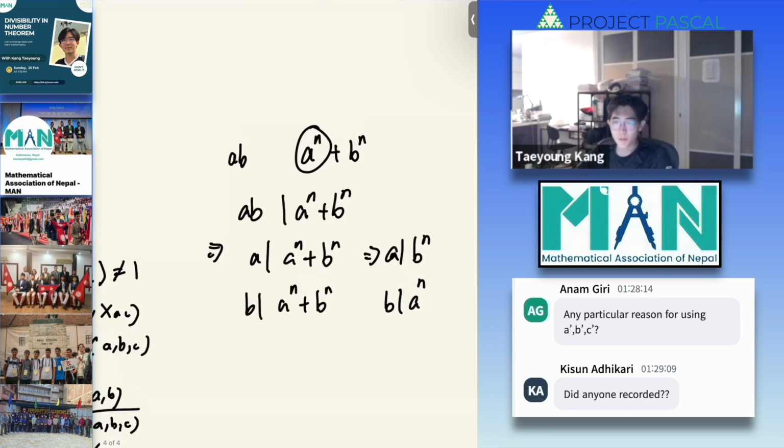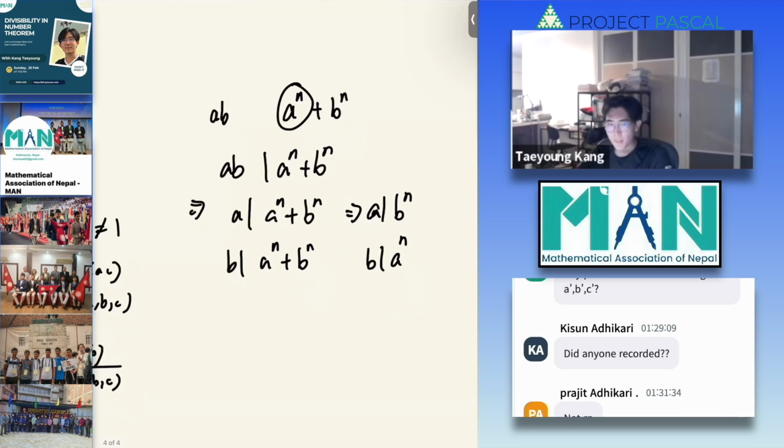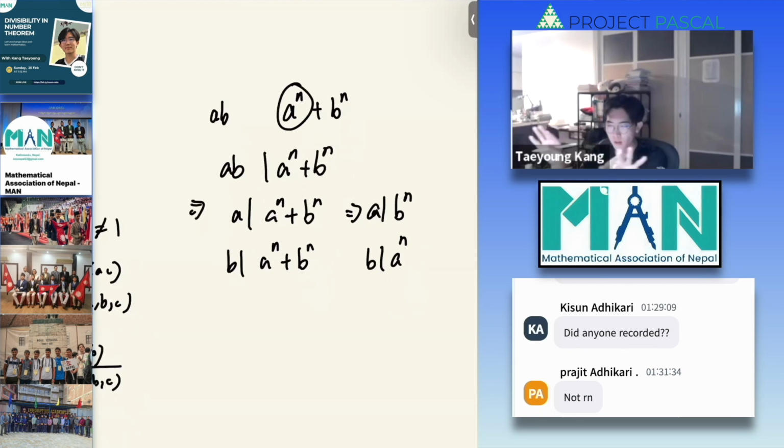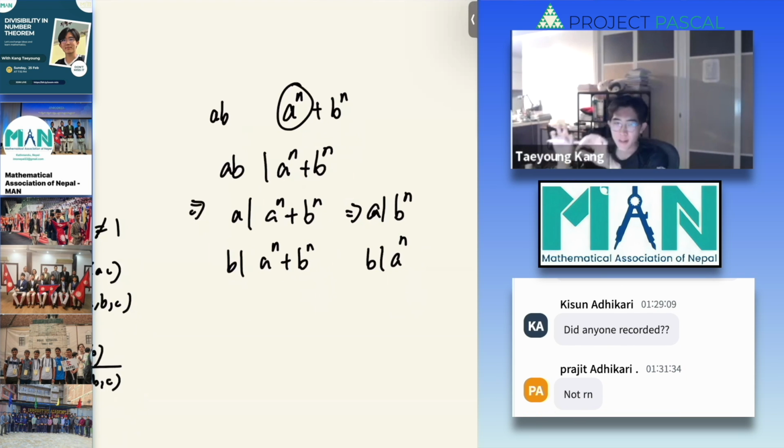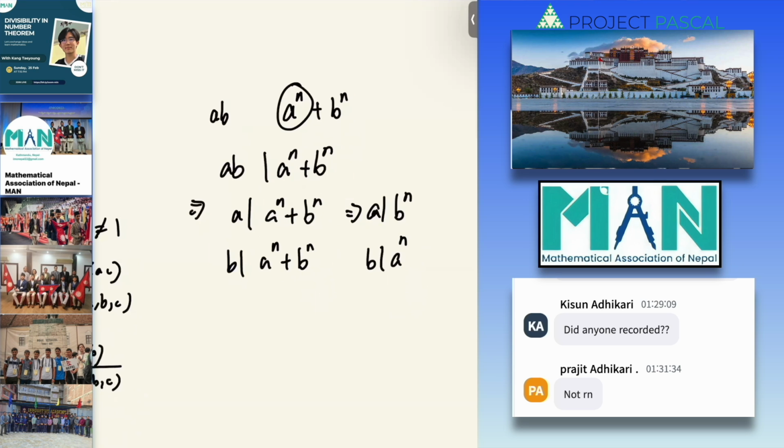The next approach from here is to try and separate out, group up the different factors that A and B have.